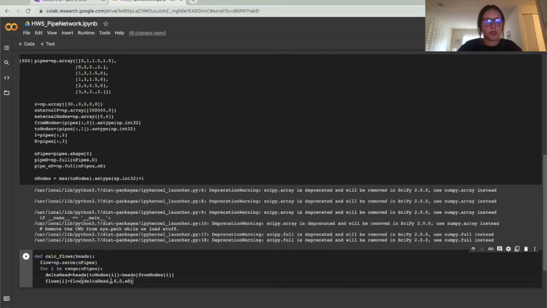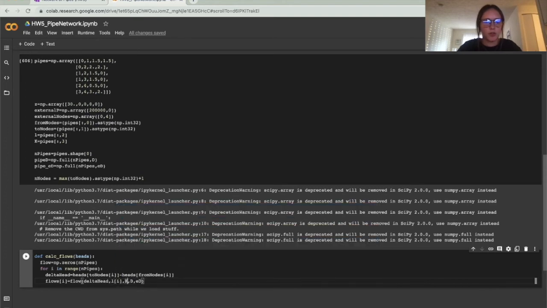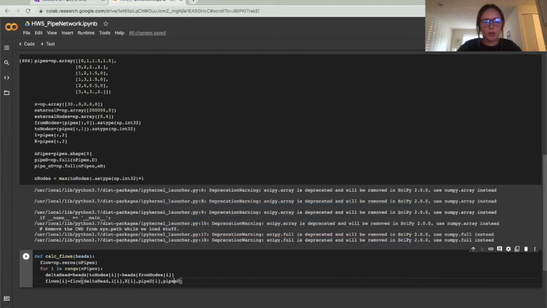So we're going to replace this capital L with the lowercase l, and it also has to be within the range. This one, it's also capitalized, so that pipe D also within the range, and pipe underscore ED also within the range. And we want this to return the flows.